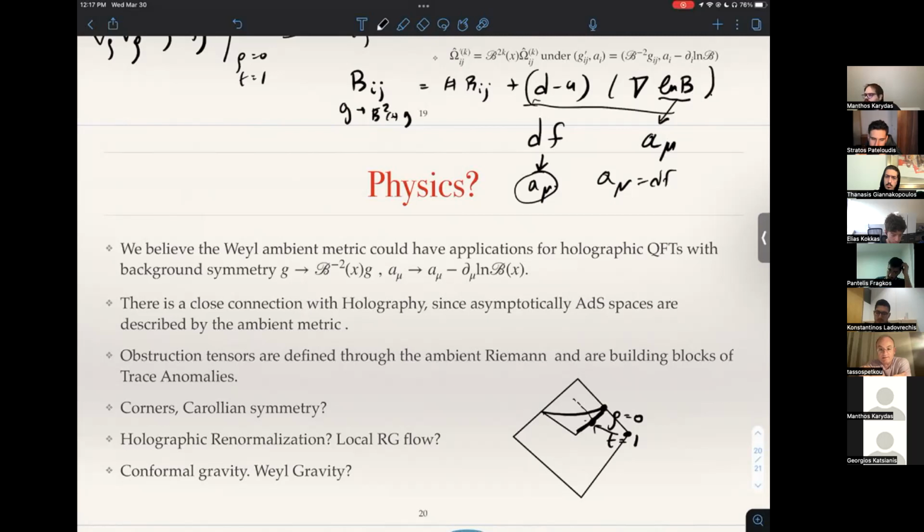That's a simple case maybe to study, at least perturbatively. And that could be interesting.